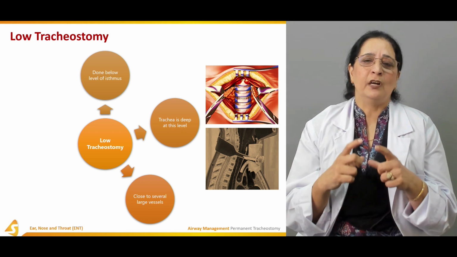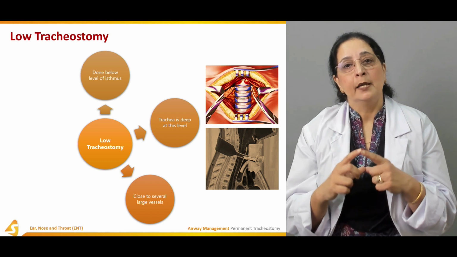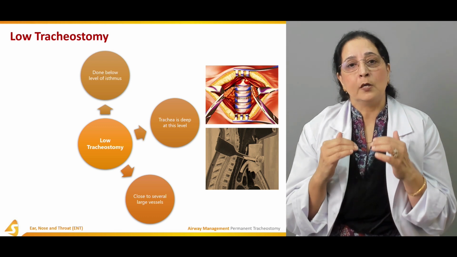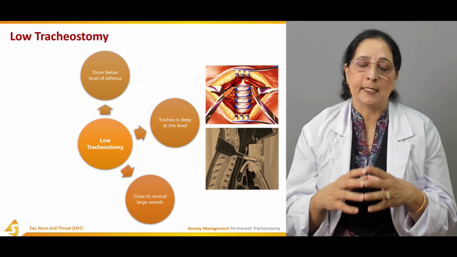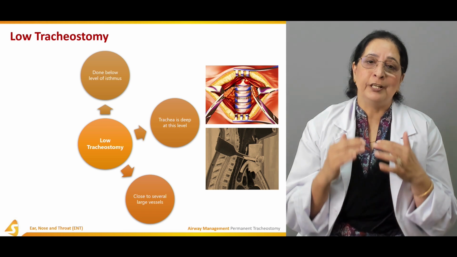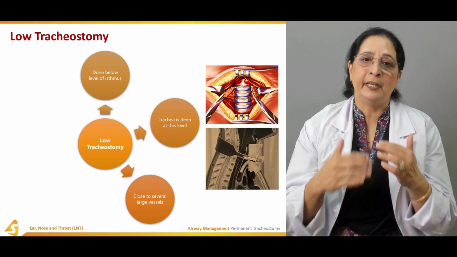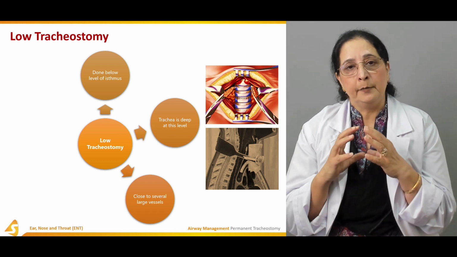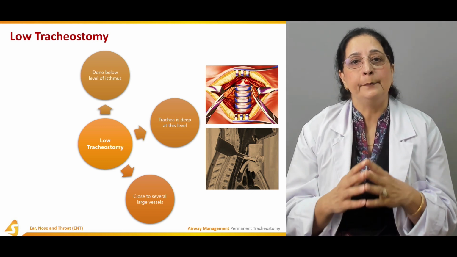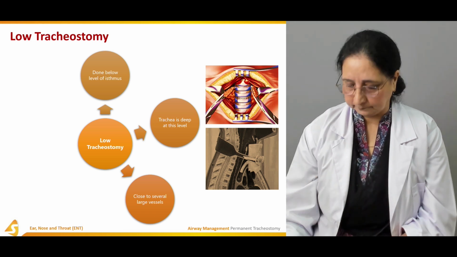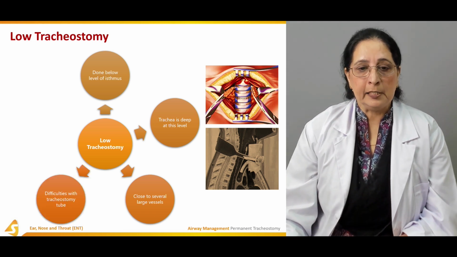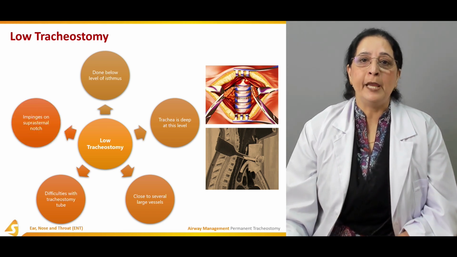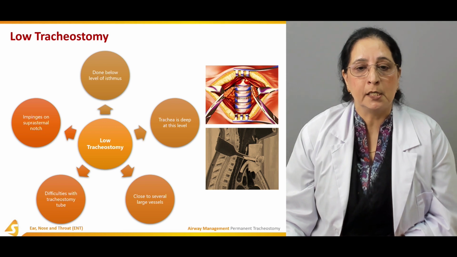So again, this is not a very preferred site because we can damage the large vessels if we go at this site, because the trachea is deep here. So as I mentioned, unless it's really very important as a result of some indications, the preferred site to go is the mid level. There are difficulties with the tracheostomy tube, and it can impinge on the suprasternal notch.